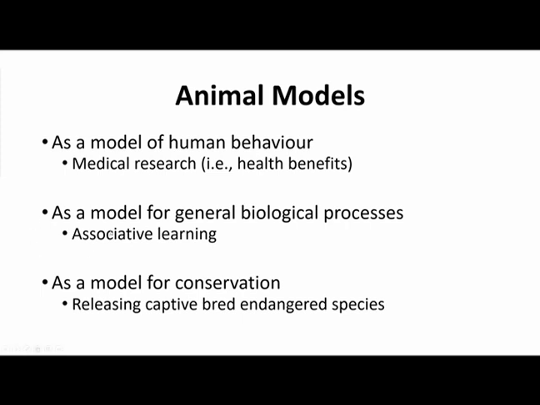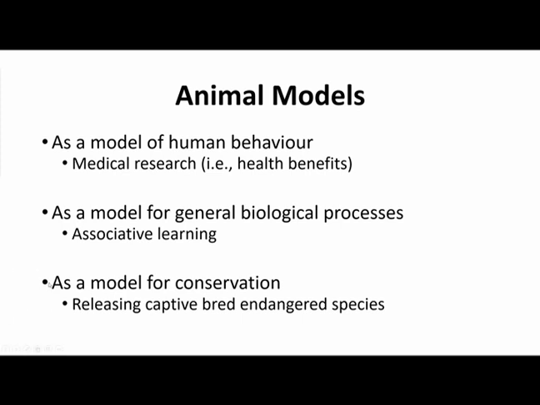So you don't necessarily have to connect their behavior to humans, you can connect it to other species, and you can look at how that general biological process is similar or different across multiple different species. And here we're going to look a lot at associative learning in lots of different animal models, and we can connect it to humans or not depending on the particular situation.